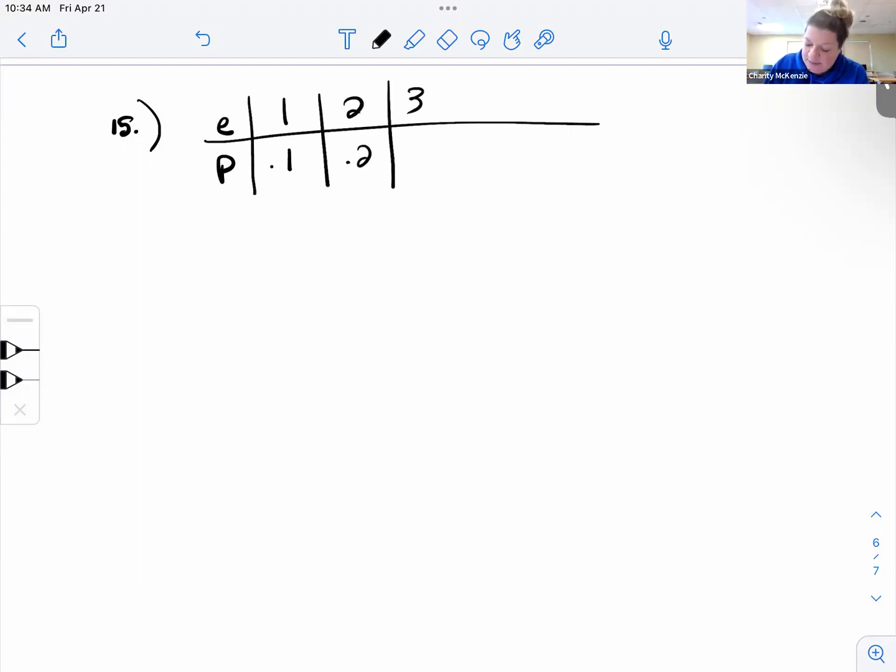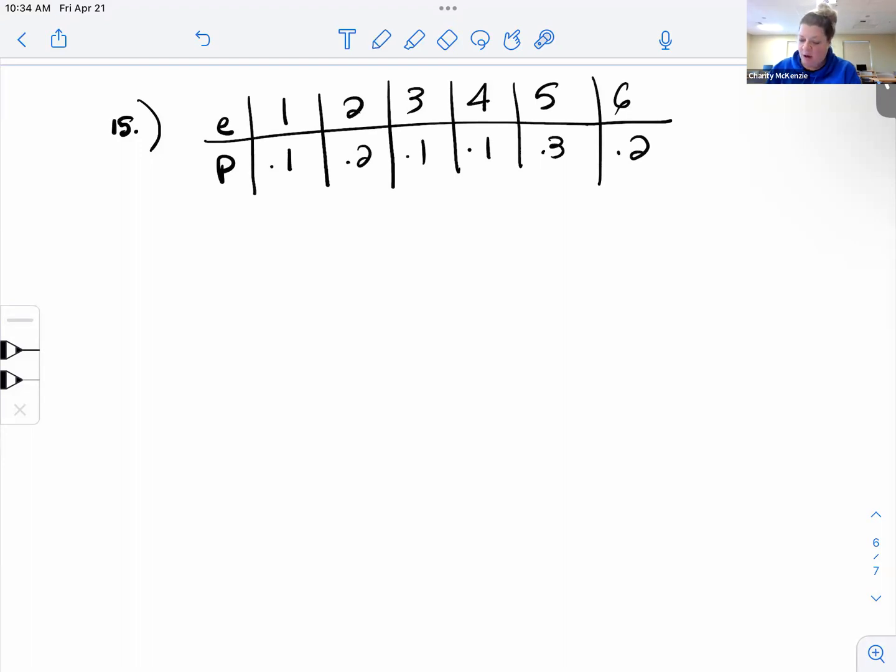And a 3 is 0.1, a 4 is 0.1, a 5 is 0.3, and a 6 is 0.2. Remember, for a probability table, these should add to 1, or it's not a probability table. So they have to add to 1. And what if I asked a question like, what is the probability of landing on a prime?